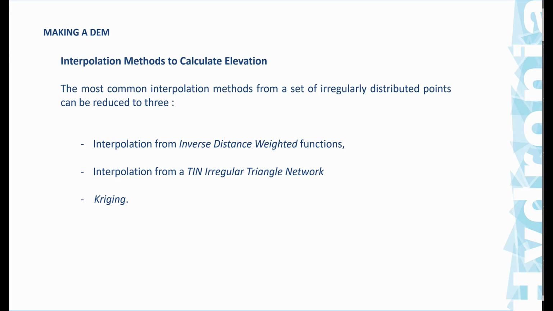I will focus here on two of them that are the most used in what we're going to be working with, River Flow 2D and HydroBID Flood: the inverse distance weighted function and interpolation using a TIN, or triangular irregular network.